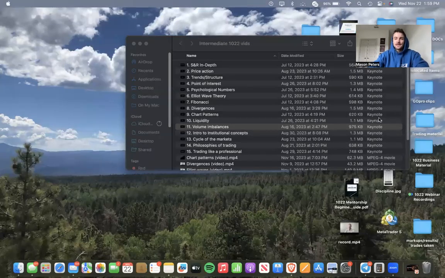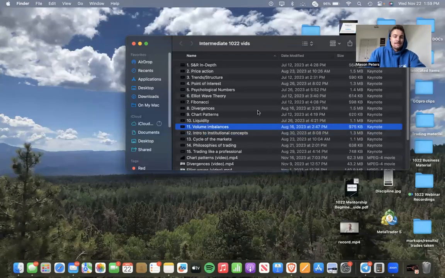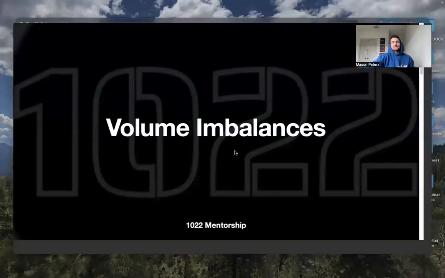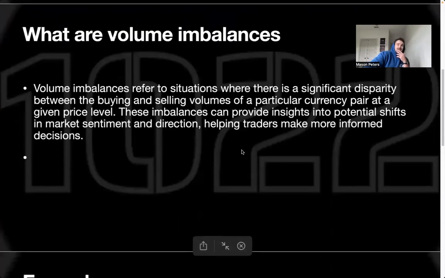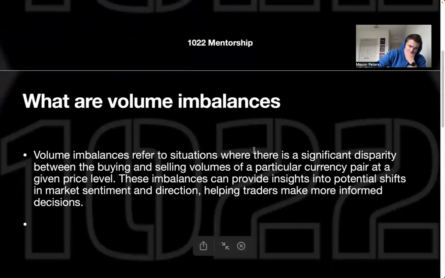Share my screen. Boom. Beautiful. Go to imbalances. And let's check out the slides before we move on to TradingView to go over some more volume imbalances. So volume imbalances refer to situations where there's a significant disparity between buying and selling volumes of a particular currency pair at a given price level.